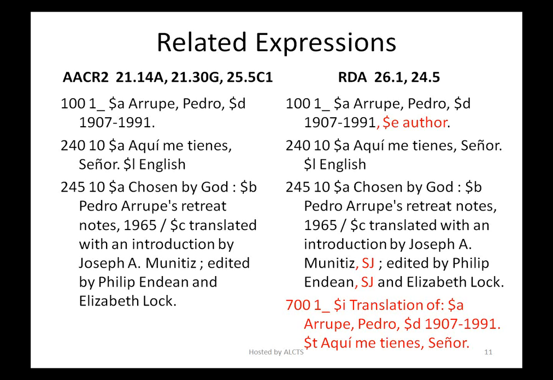So you could note that in a 700 field with a subfield i, translation of, and the name of the original work, and that's a little bit different. Something that we don't do. We rely on the uniform title in AACR2 in the original language followed by the language to tell us that what we have is a translation of that work.